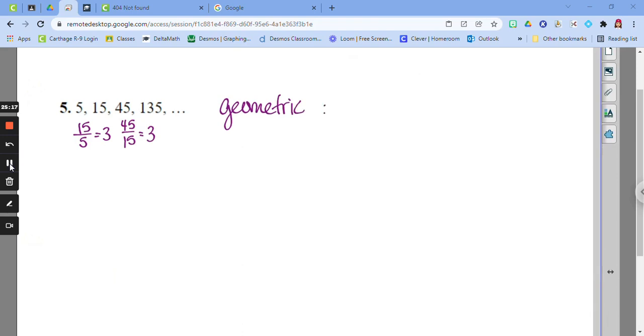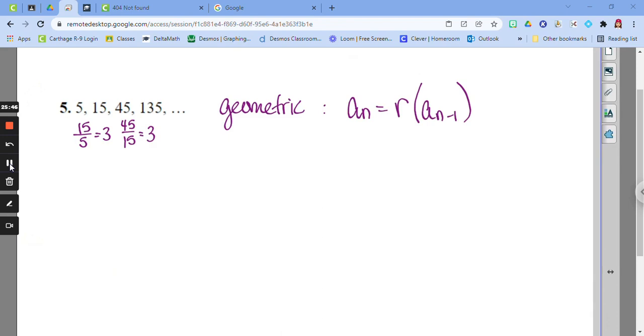Which means we are going to use the formula. We're going to use common ratio times the previous term to get to the next, which is exactly what you did when you were looking at geometric sequences. You multiplied the previous one. If I wanted the next 3 terms in the sequence, I'd multiply 135 by 3, then by 3 again, then by 3 again.